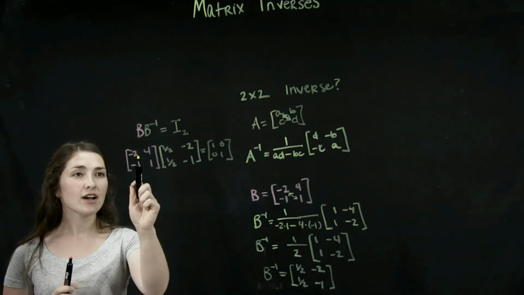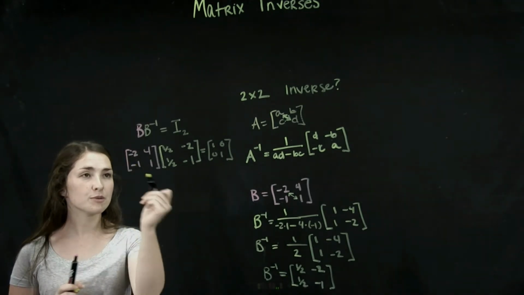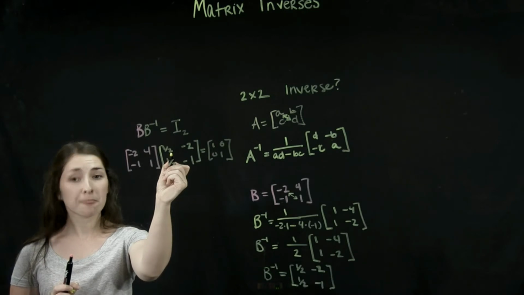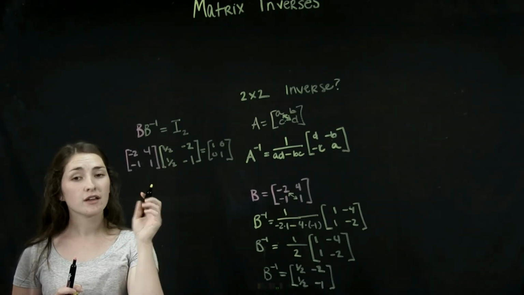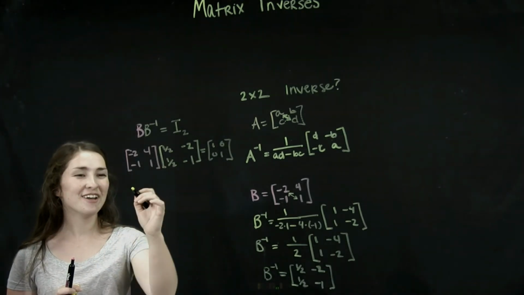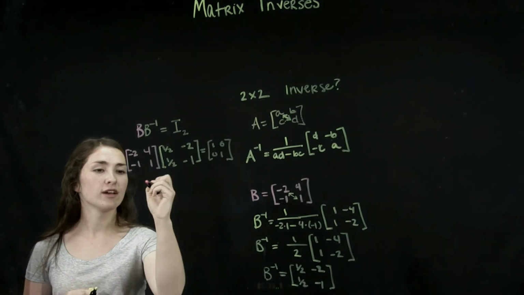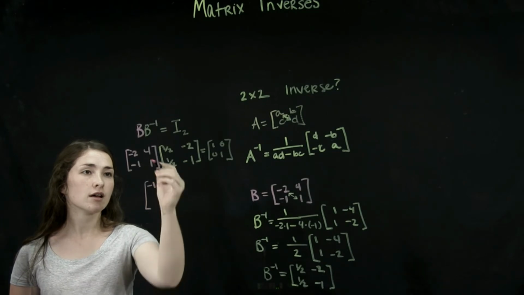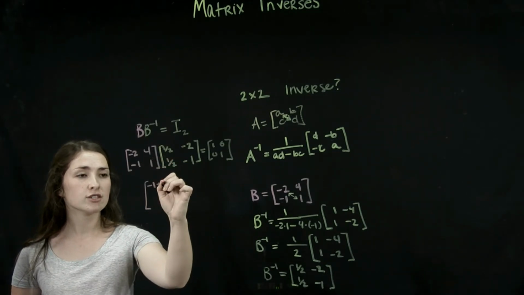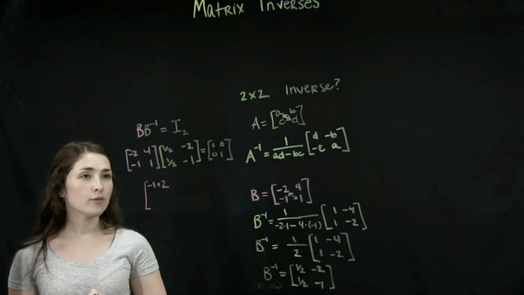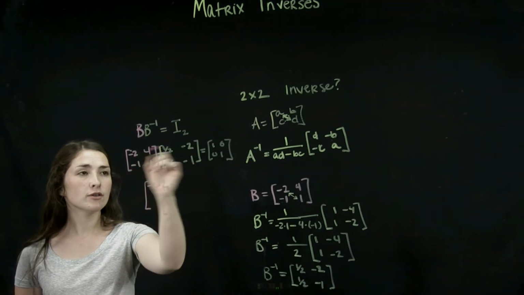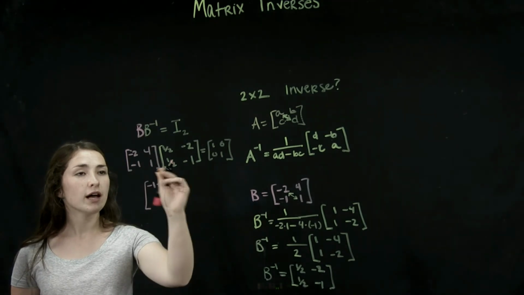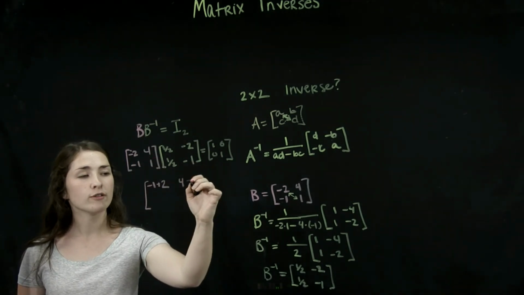Okay, so now let's take our multiplication here. So negative 2 times 1/2 is going to be negative 1. So we're going to have here negative 1 plus 4 times 1/2 is 2. And then we're going to have up here negative 2 times negative 2 is 4 plus 4 times negative 1, which is negative 4.